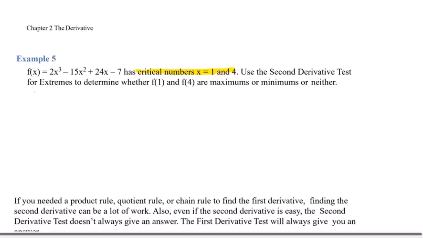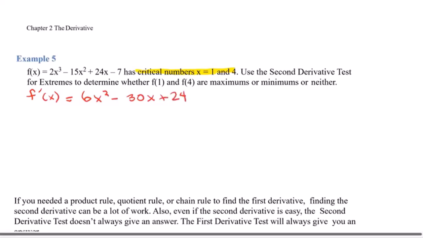Well, first thing we have to do, they told us, we have to find the second derivative. To find the second derivative, we have to find the first derivative first. So we have 2 times 3 is 6x squared minus 15 times 2, which is 30x plus 24.